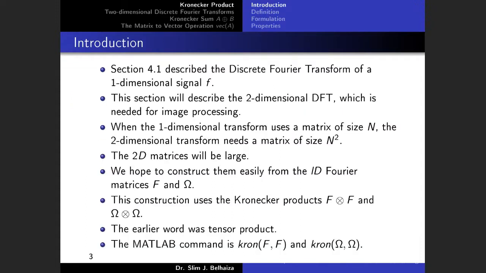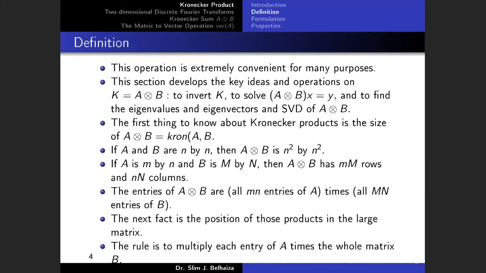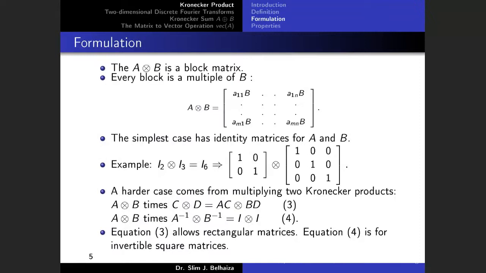So just a quick review. Last time we said that the Kronecker product K, which is A by B, the right symbol used in LaTeX, if you wish, is defined as follows. I have an example.